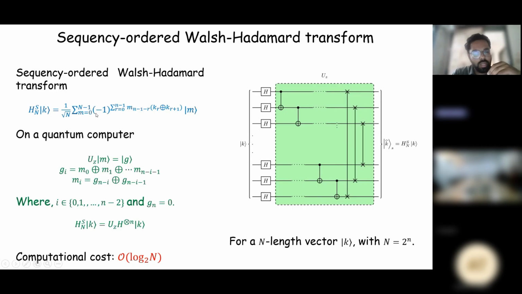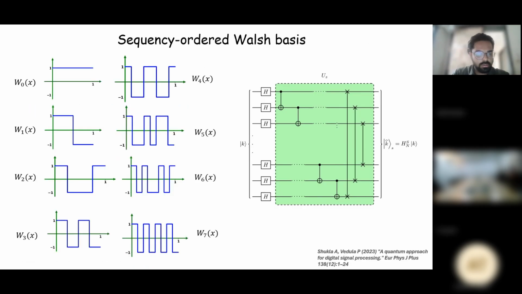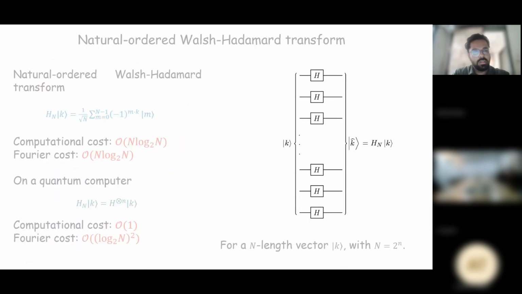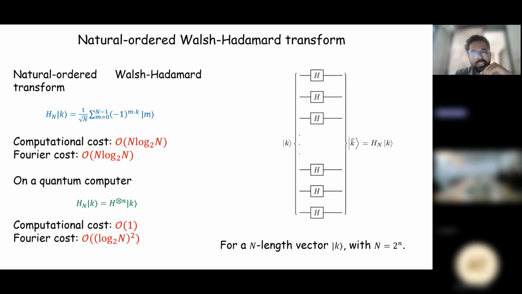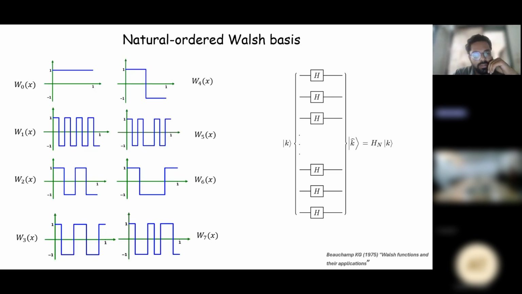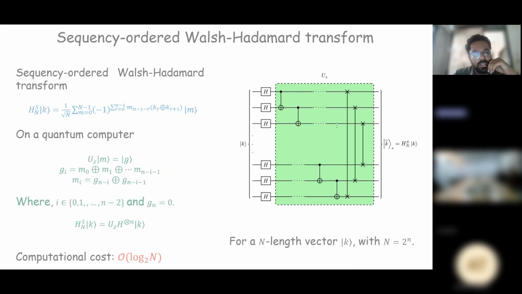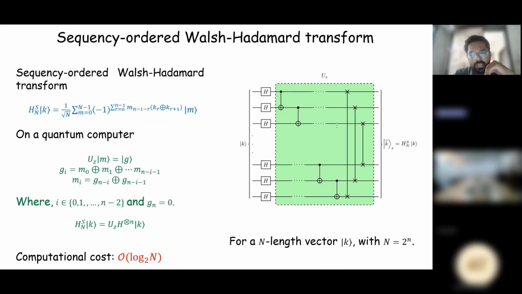If I go a couple slides further, this is my Hadamard transform, H with entries (-1) raised to m dot k, and the basis vector. It's a very simple thing, but if we have to do this reordering, it becomes a little complicated. But there's one thing we notice: there's a C0 gate hidden here somewhere.